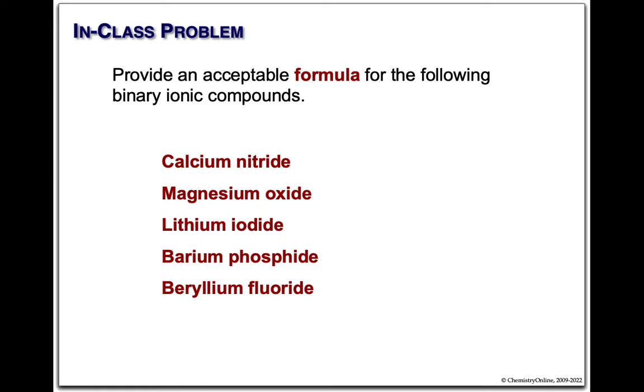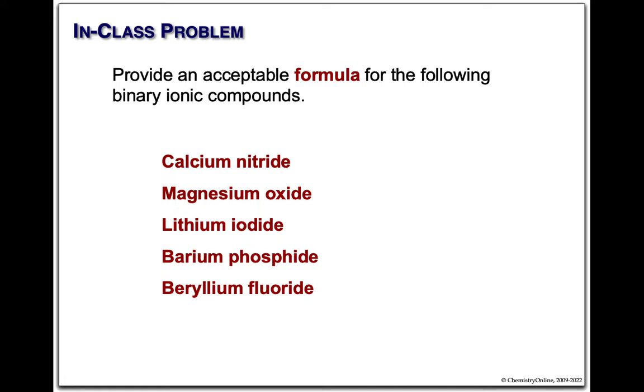I will do the first one with you, and then I will let you complete the list. What you want to do here is look at the cation, decide what the charge is. Same thing with the anion. Calcium is group 2, it'll be a +2.